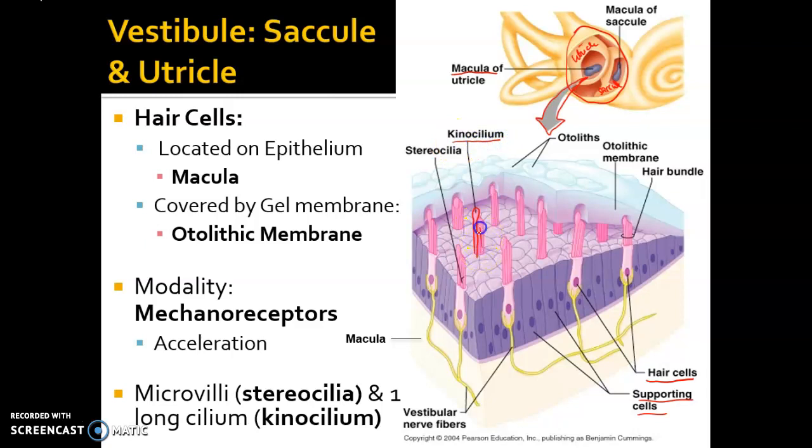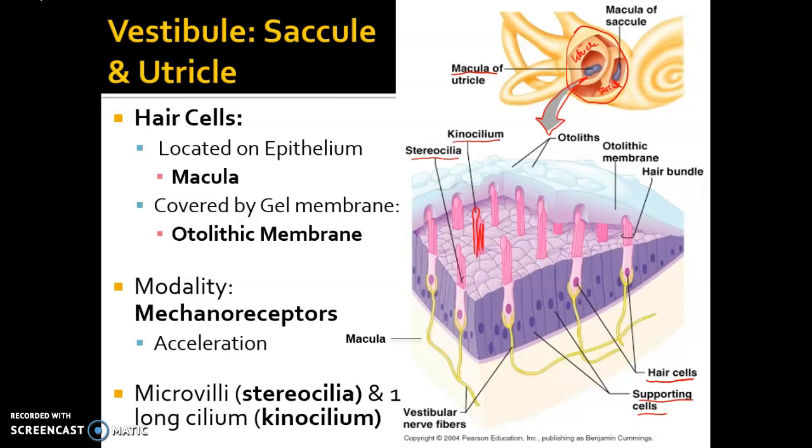And there are many small bristle-like structures, called stereocilia. Singular cilium, plural cilia. So each hair cell has one kinocilium and multiple stereocilia.